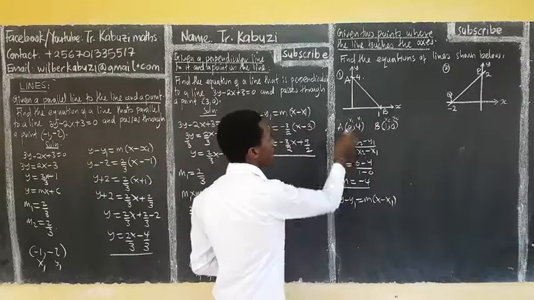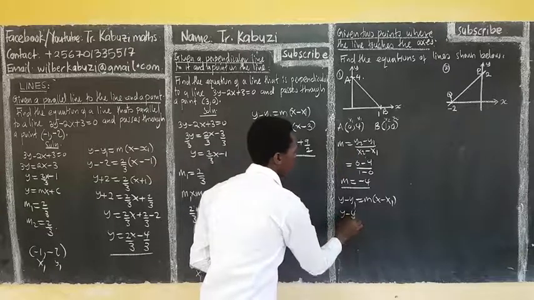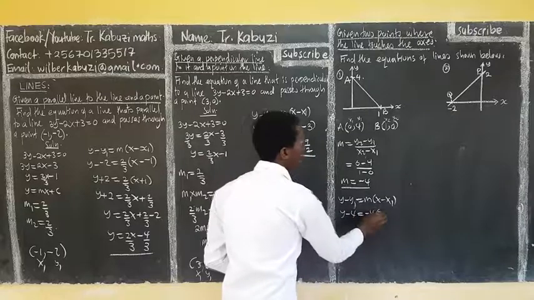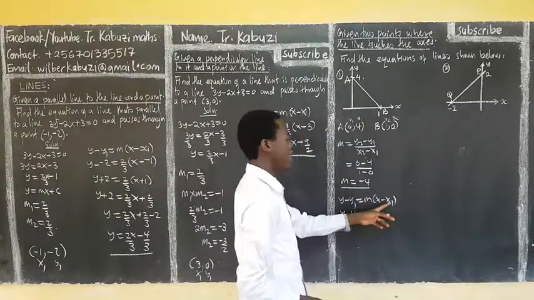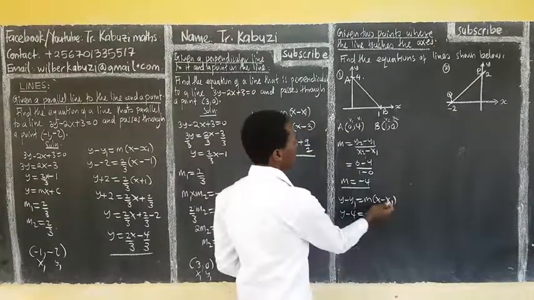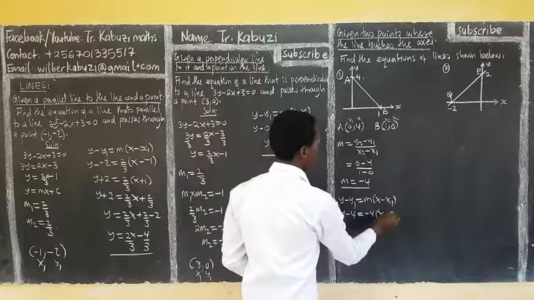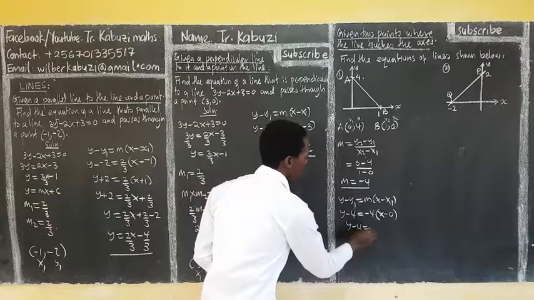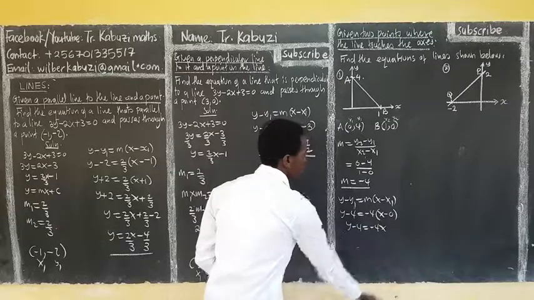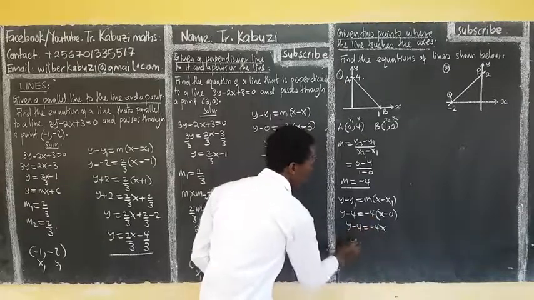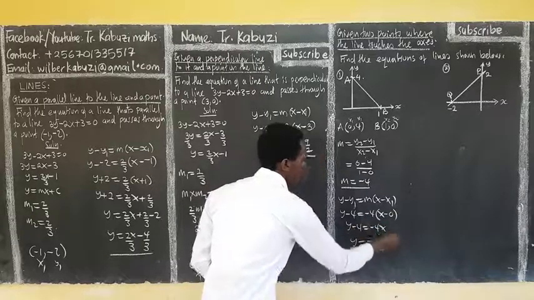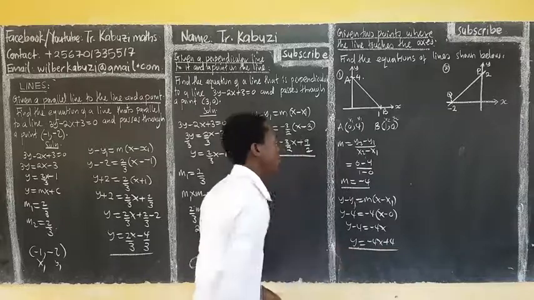So here our y minus 4 is equal to our gradient, negative 4, into x minus 0. The variables remain; what changes is x1, which is 0. In brackets we have y minus 4 equal to negative 4x, because this is 0. Take this to the other side, our y becomes negative 4x, and when 4 goes across, it becomes positive. And that's the equation of the line.